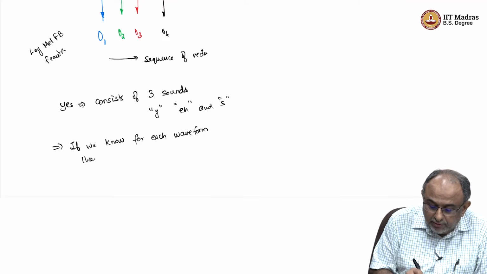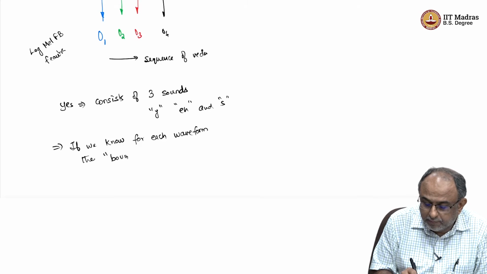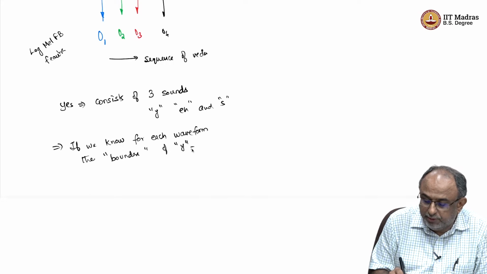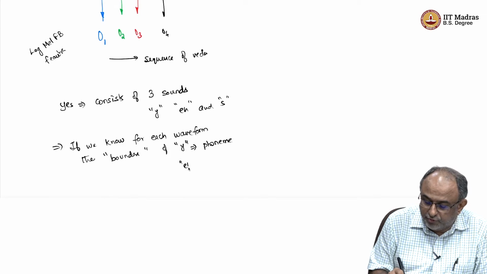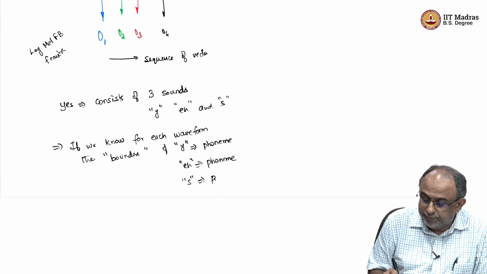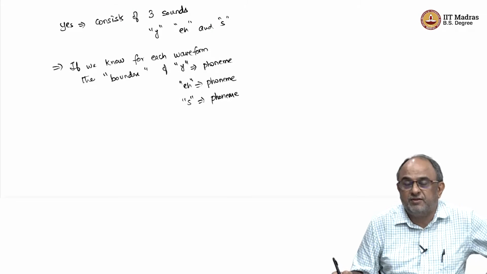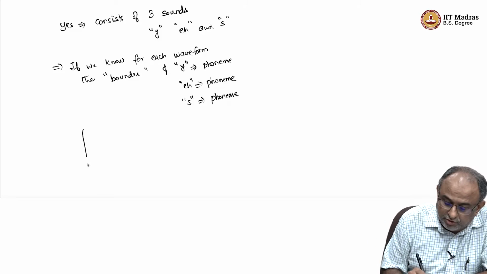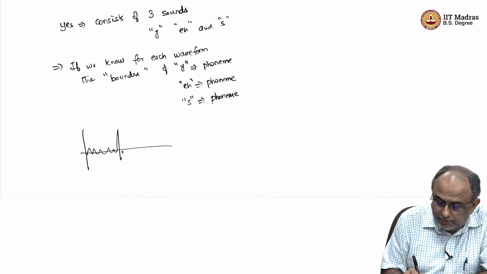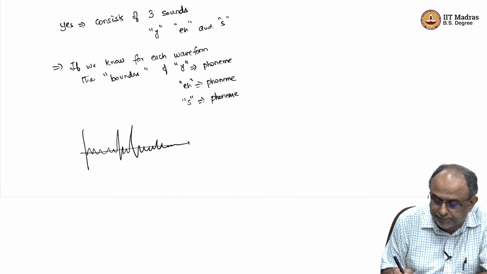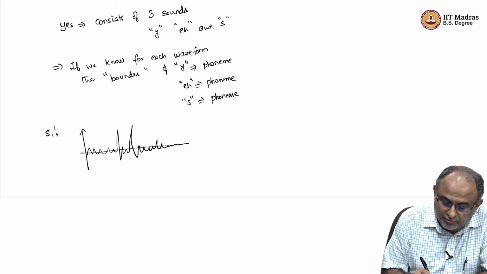the boundary of the ear phoneme, the a phoneme and the s phoneme, then this problem is easier. So, if I take the waveform, something like this, this is S1 of t.